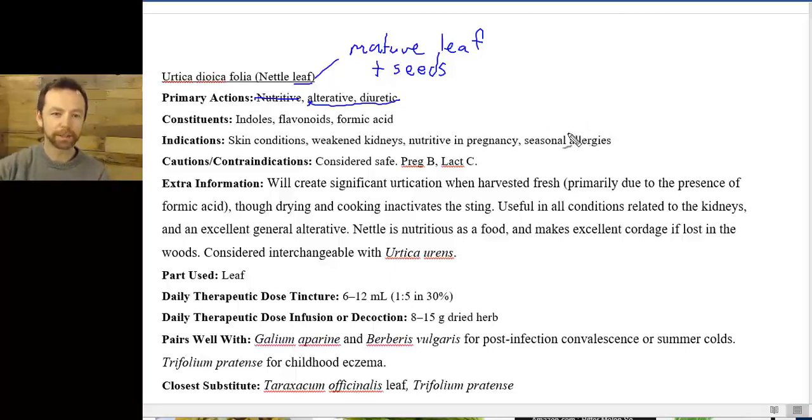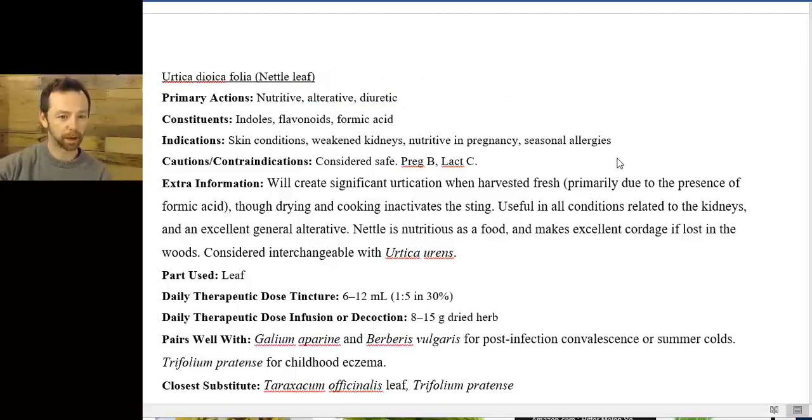But all that to say, don't worry about it. You don't have to ask when you're getting your nettle, is this mature nettle with seeds or is this regular nettle leaf? It will all still have, I think, the same diuretic effects, the same alterative kidney cleansing effects. Is the mature leaf and seeds a little bit better? Probably, but don't worry about it, in my opinion. Some certainly would say otherwise.